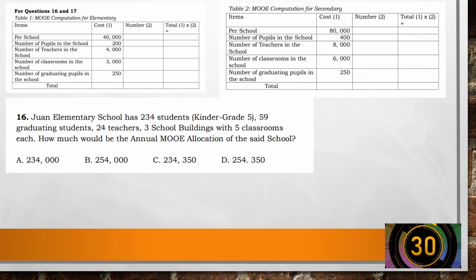Now the question is, how much would be the annual MOE allocation of the said school? Letter A, 234,000. Letter B, 254,000. C, 234,350. Letter D, 254,350. Your time starts now.